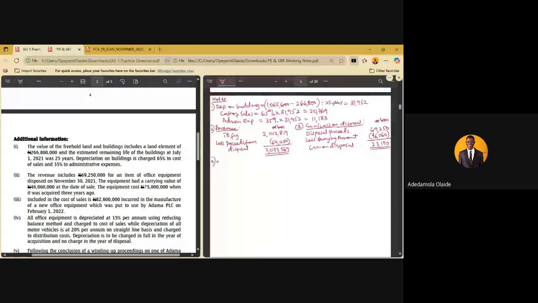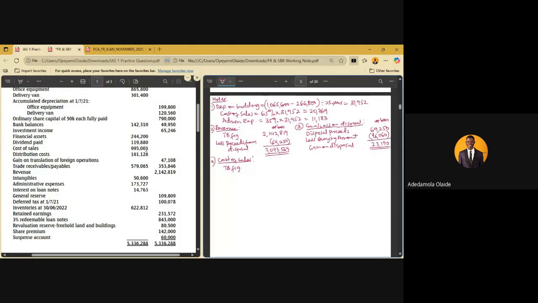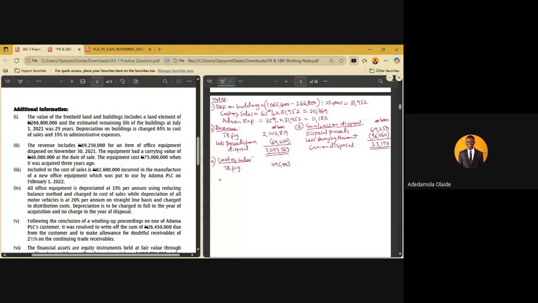So our balance figure is 995,003. Then less cost of equipment, which is 82,600. And with this, we have how much?